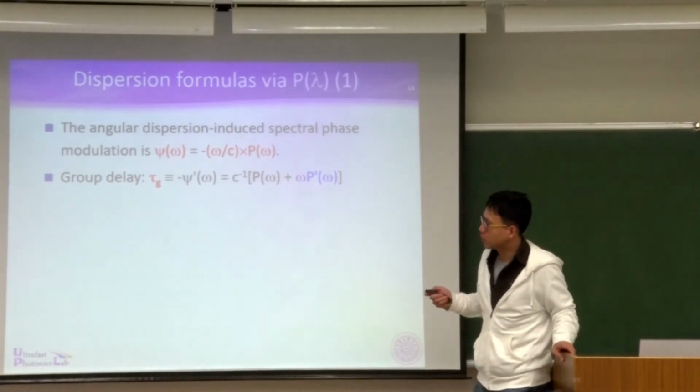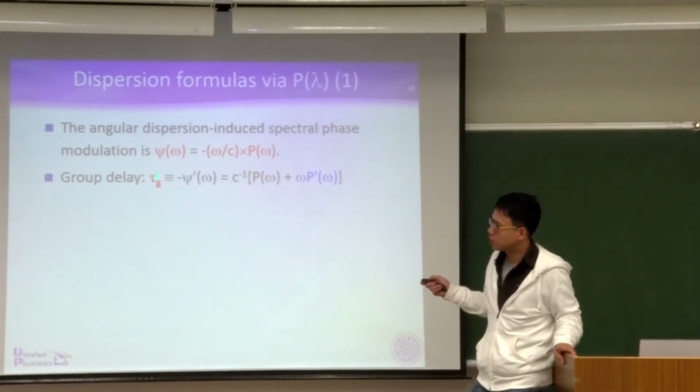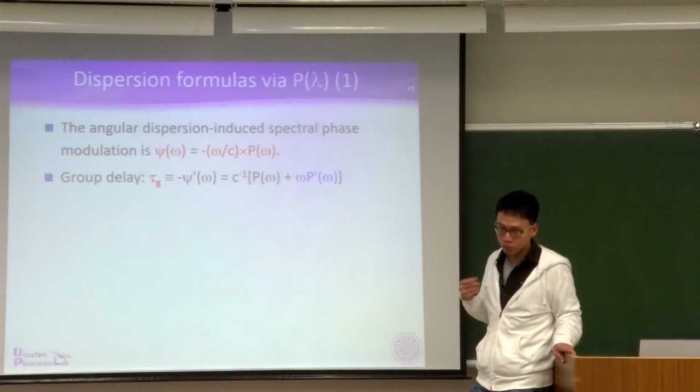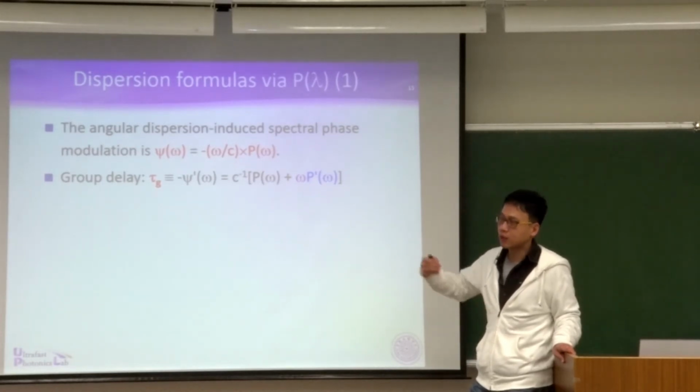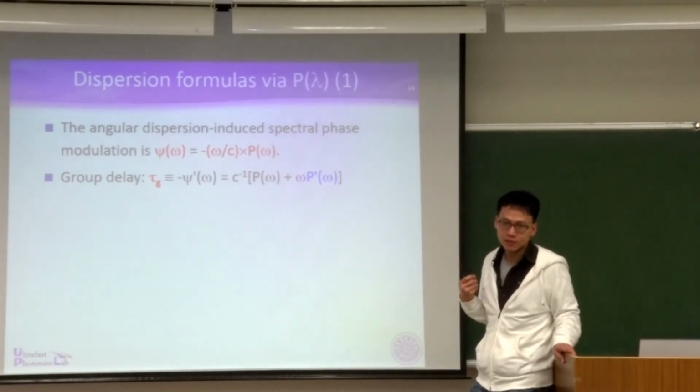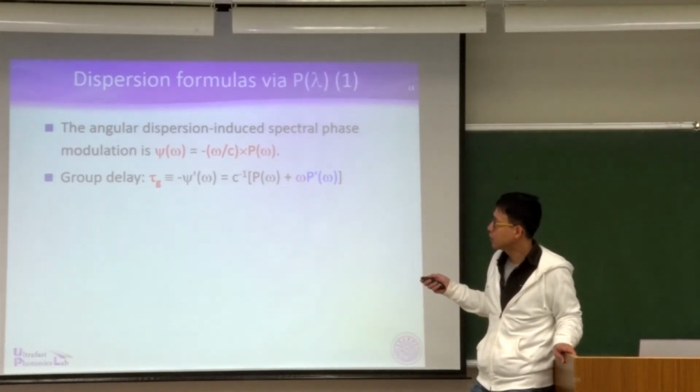Starting with the formula for group delay, tau g. The physical meaning of group delay is the time required by different colors to propagate over a certain distance. It's frequency dependent.